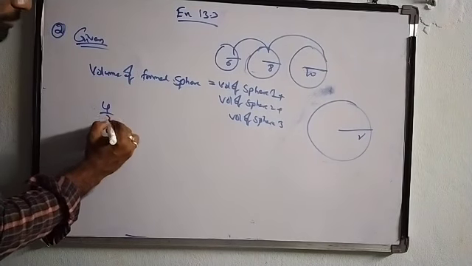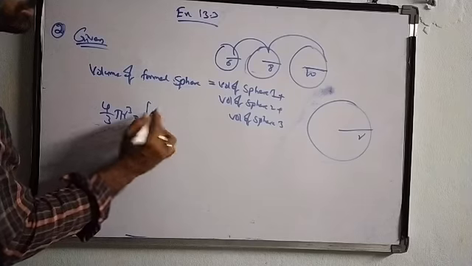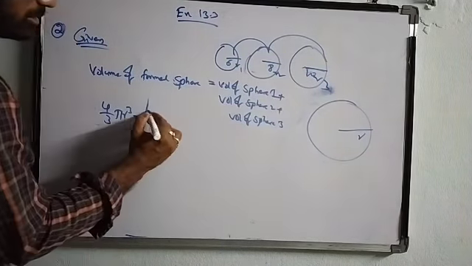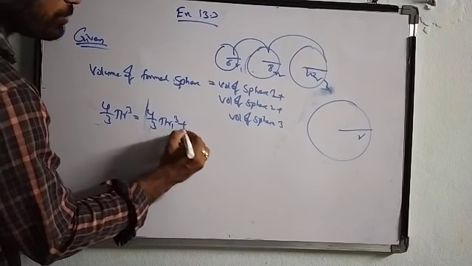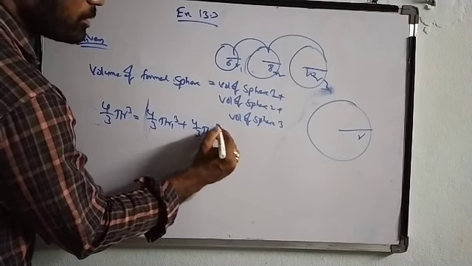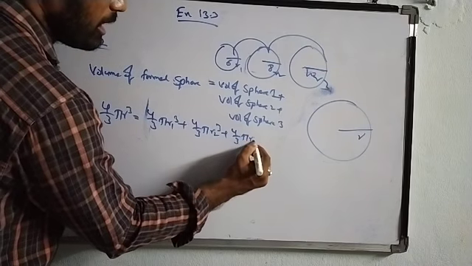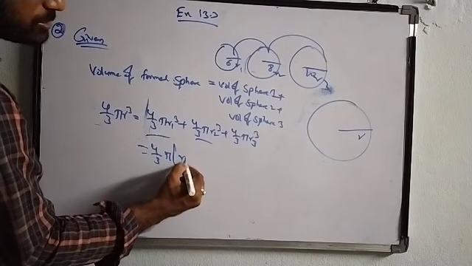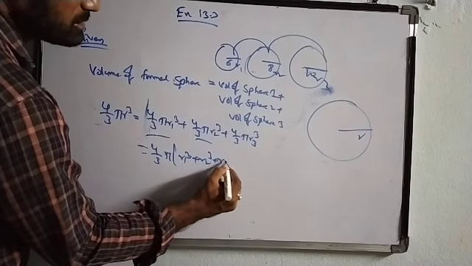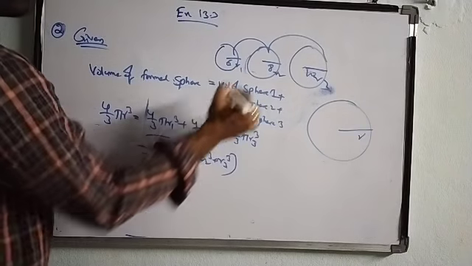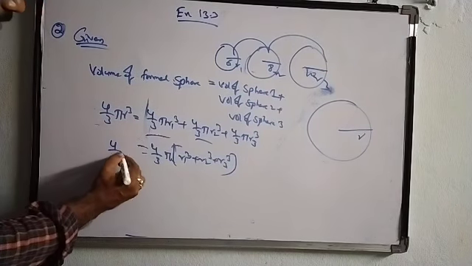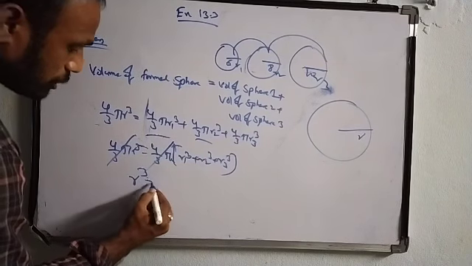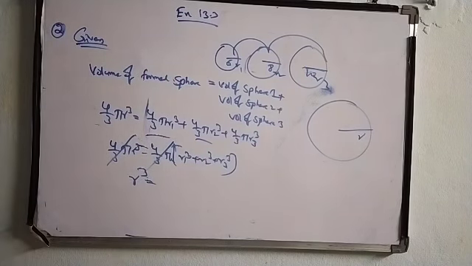So that is 4 by 3 pi r cube is equal to, we can mention it as r1, r2, r3 for our convenience, 4 by 3 pi r1 cube plus 4 by 3 pi r2 cube plus 4 by 3 pi r3 cube. We can take 4 by 3 pi common: r1 cube plus r2 cube plus r3 cube. If you substitute the r1, r2, r3 values, you will get the answer of radius. So 4 by 3 pi gets cancelled. So r cube is equal to whatever value you are going to get in this.